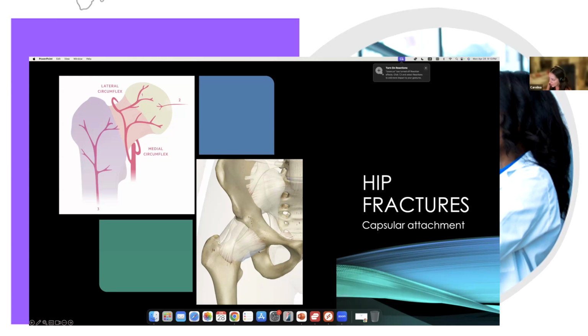When the femoral head meets the acetabulum, it actually goes all the way to the intertrochanteric region, between the greater trochanter and lesser trochanter, and it has the very important role of covering this very particular vascular process that is happening here in the head of the femur.